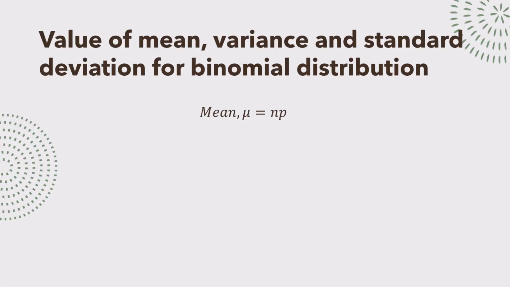And then in binomial distribution, there are also the mean, variance, and standard deviation. Because if we do a lot of trials, we need to find the mean, which is the average, the variance, and the standard deviation. Variance and standard deviation show the dispersion for the data.